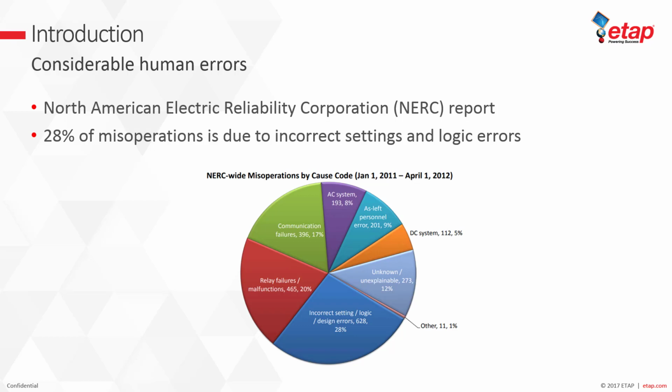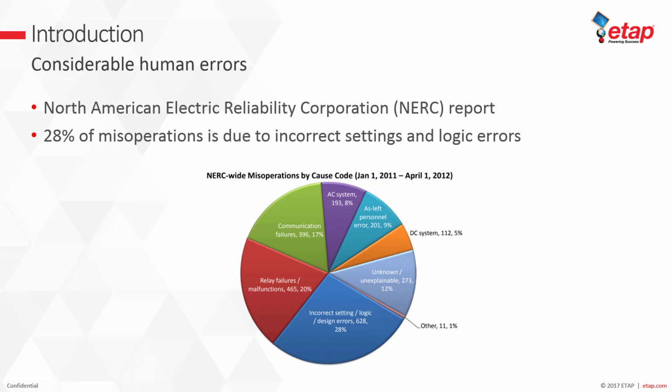As recently reported by the North American Electric Reliability Corporation (NERC), based on the protection relay misoperation data collected from January 1, 2011 to March 31, 2012, 28% of misoperations is due to incorrect setting and logic error. If you look at this blue sector here, that's 28%.